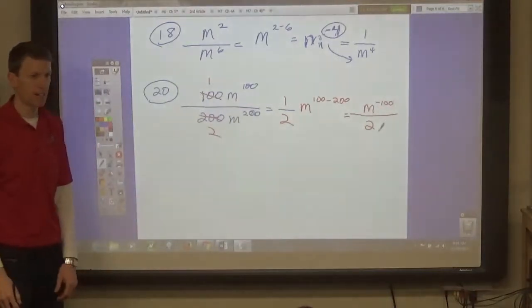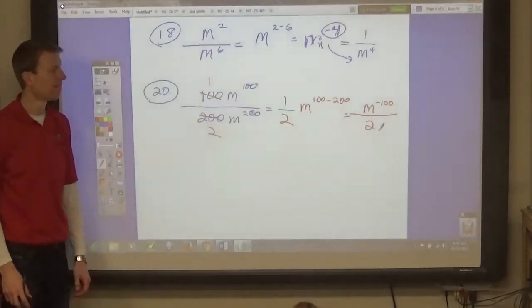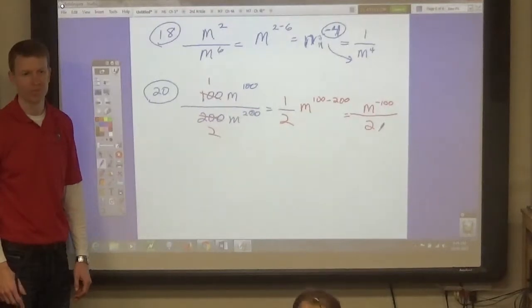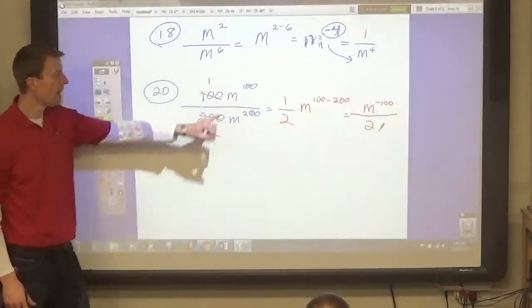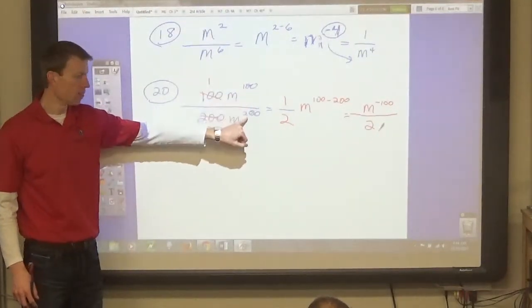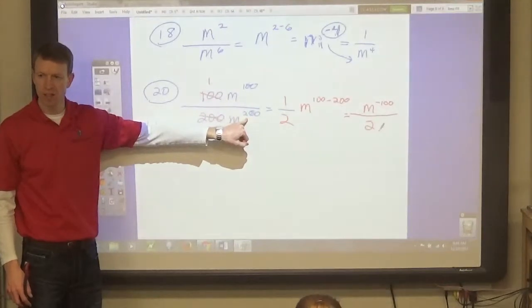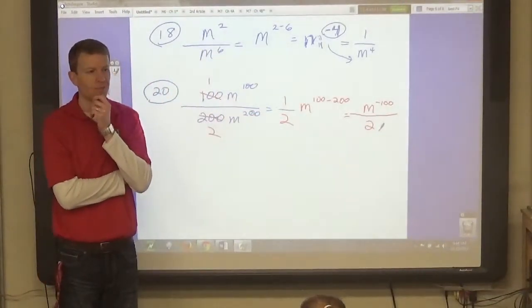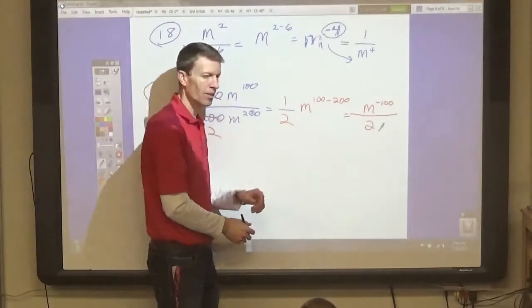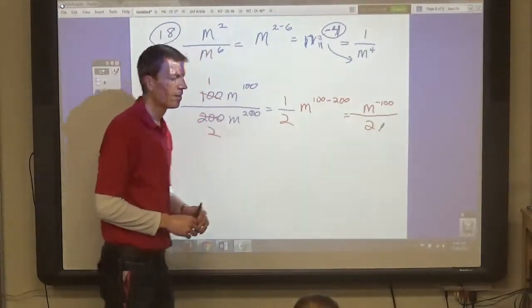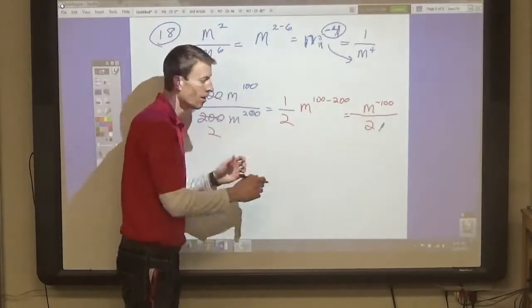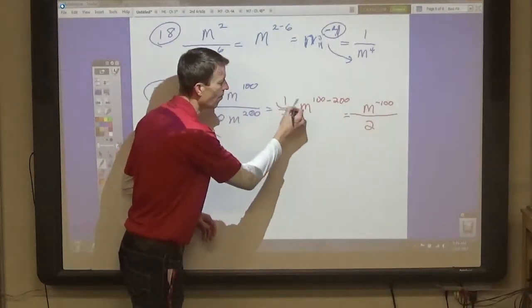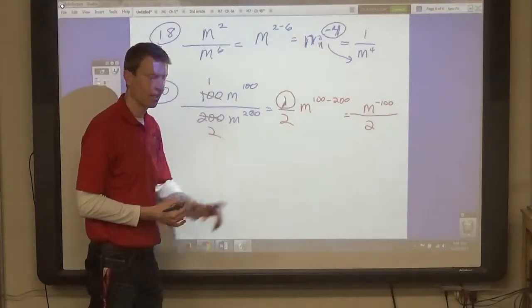Or how could we write that as a positive exponent? So you subtract the exponents, the top exponent minus the bottom exponent. How could we write this answer with a positive exponent? Is this the same? So the m would be on the denominator. Right, and then what would be up on the top? The 1, very good.